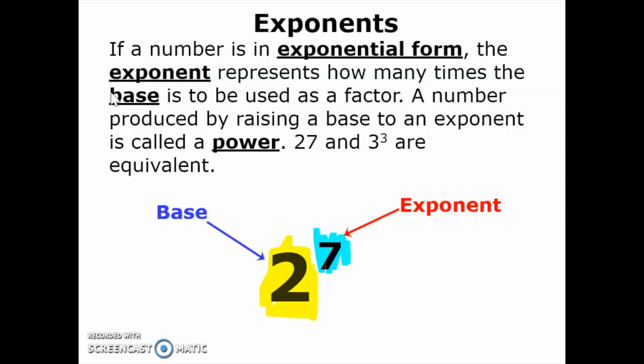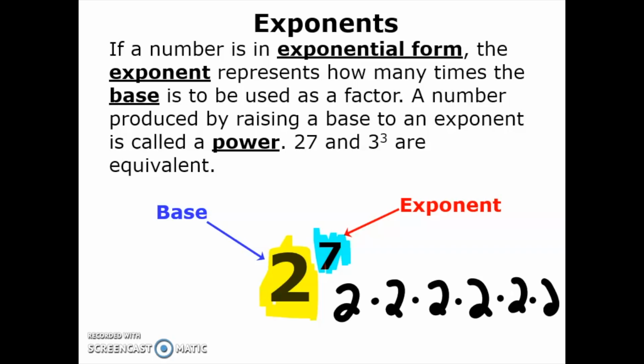So for example, 2 to the 7th power means 2 times 2 times 2 times 2 times 2 times 2 times 2. There would be 7 2's being multiplied here. So that is important that we understand that. And when we get the answer, when we do all that multiplication, that answer is called a power. So that's important for us to know as well.